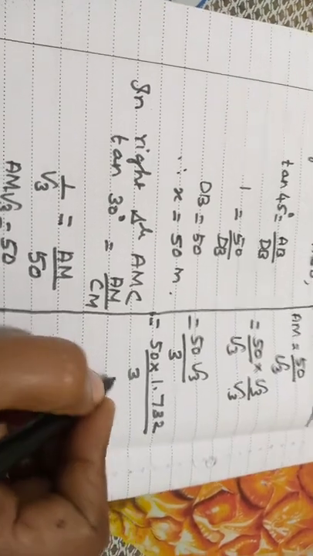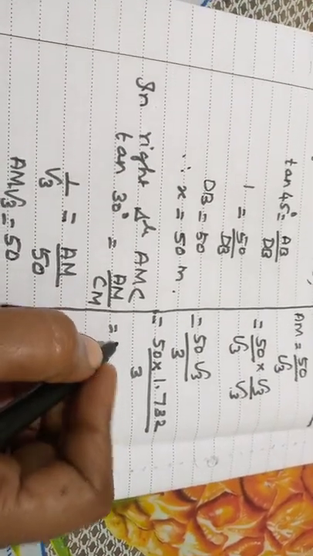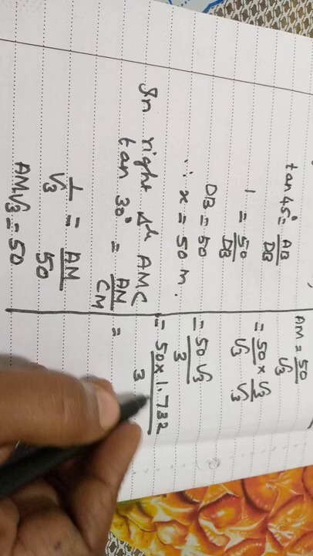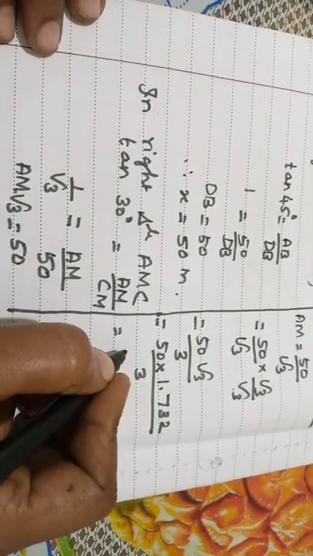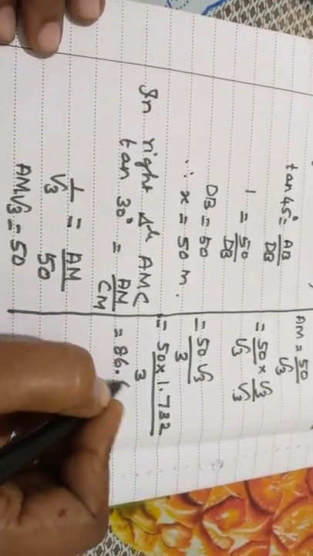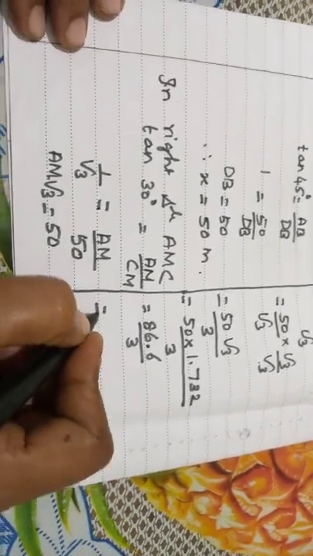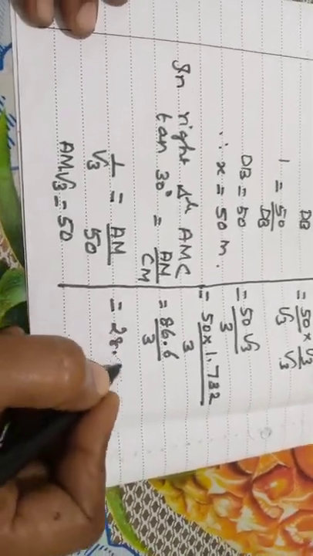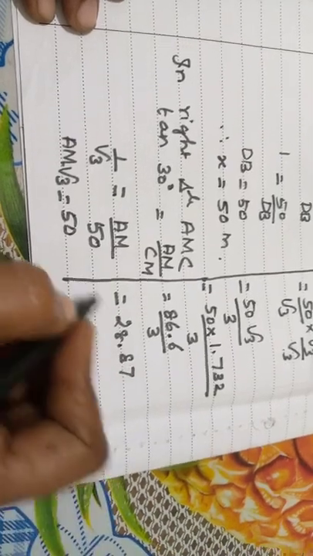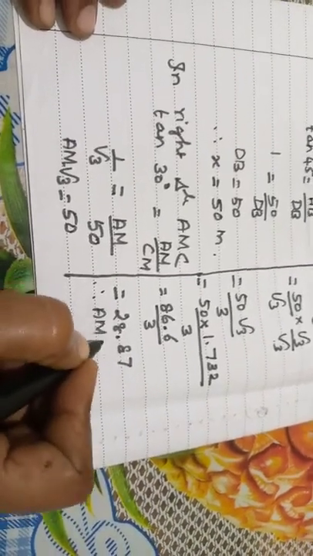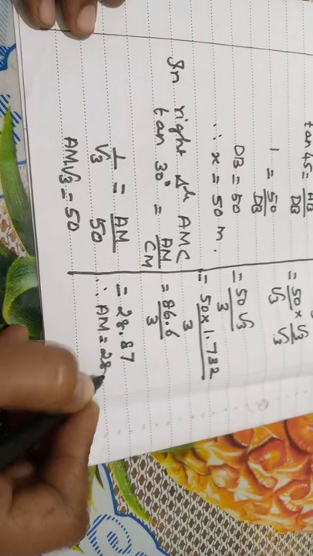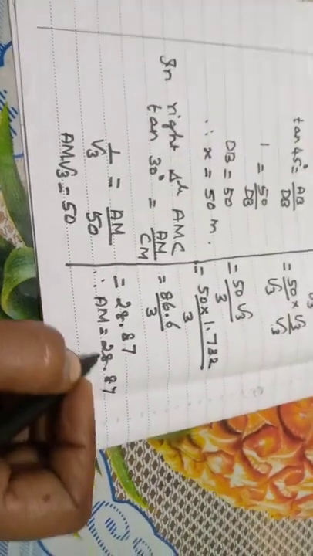Multiplying 50 into 1.732, we get 86.6 divided by 3, which is equal to 28.87. Therefore, AM equal to 28.87.